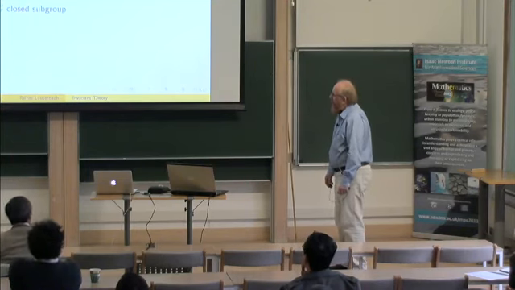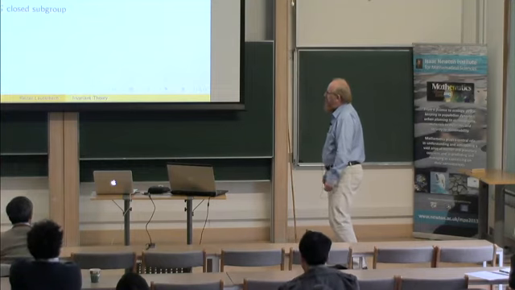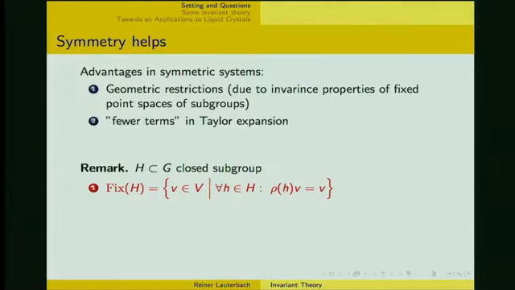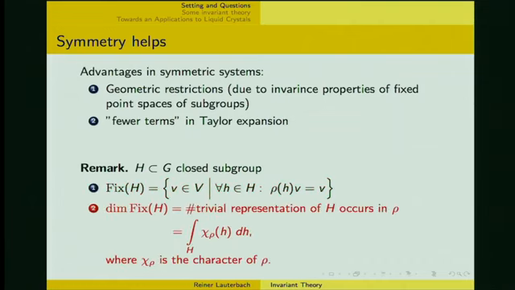Let me make a remark which was already in Pascal's talk yesterday. If we have a closed subgroup H of G, we denote by the fixed space of H the elements in V which are fixed under H, and the dimension of the fixed space, I think this was not given in your talk yesterday.